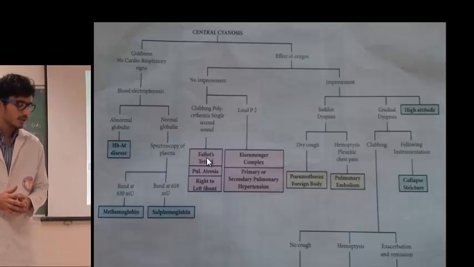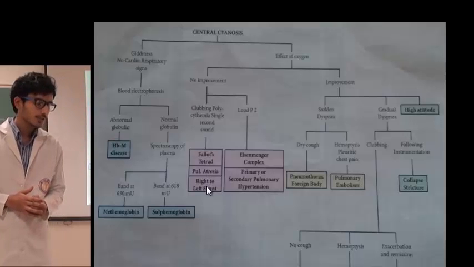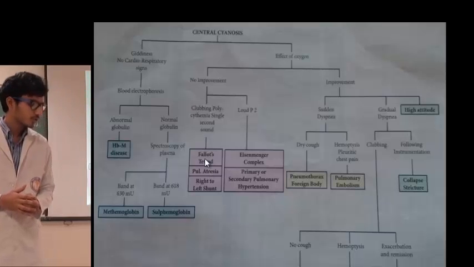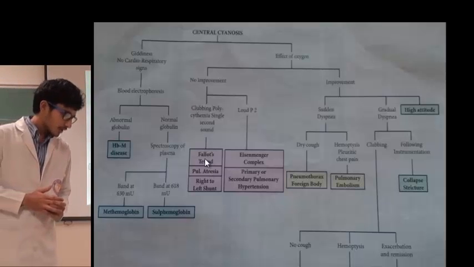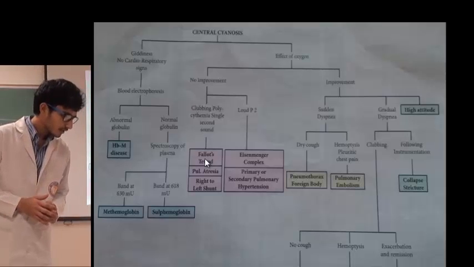In Fallot's tetralogy, there are 4 features present congenitally, which include right to left shunt, overriding of the aorta, pulmonary stenosis, and right ventricular hypertrophy.